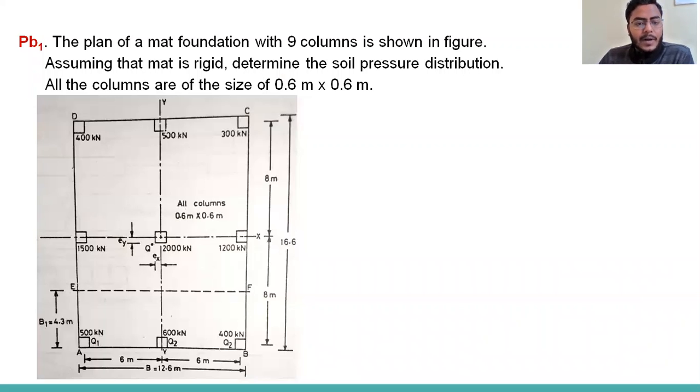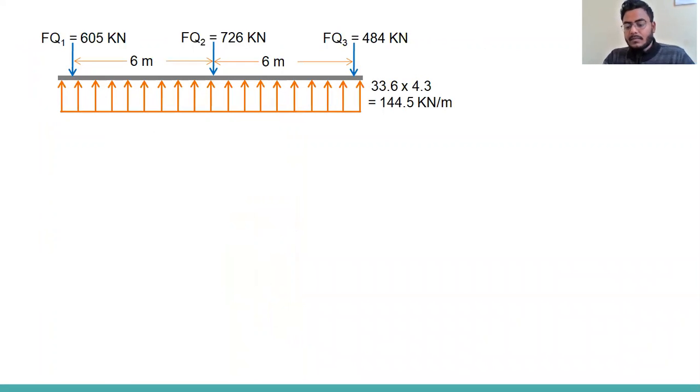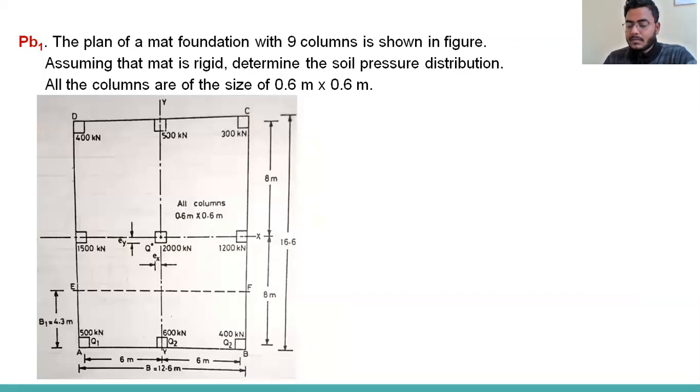Okay, for the strip 1, I will show for the strip 1. You can go for the strip 2, strip 3, strip 4 also. I will show for only the first strip. First we will calculate the total resultant loads and the line of action of the total resultant loads.